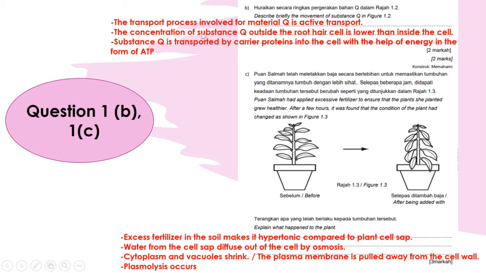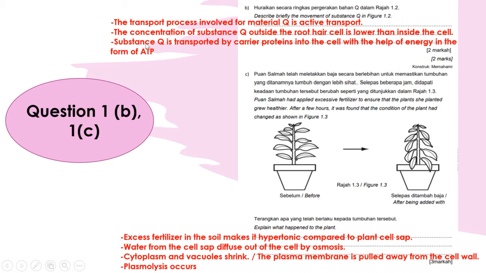Okay, let's go to the suggested answer. The transport process involved for material Q is active transport. Active transport, 1 mark here. And then you have to explain about the active transport. For example, the concentration of substance Q outside the root hair cell is lower than inside the cell.